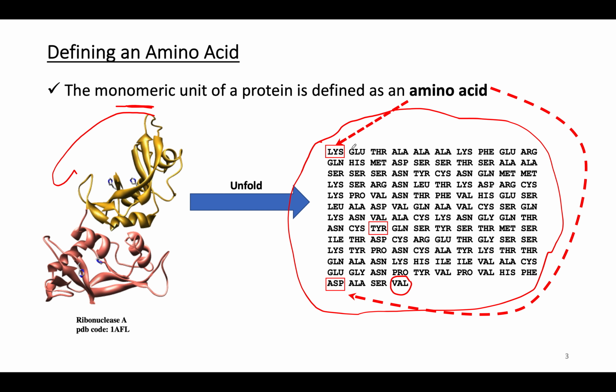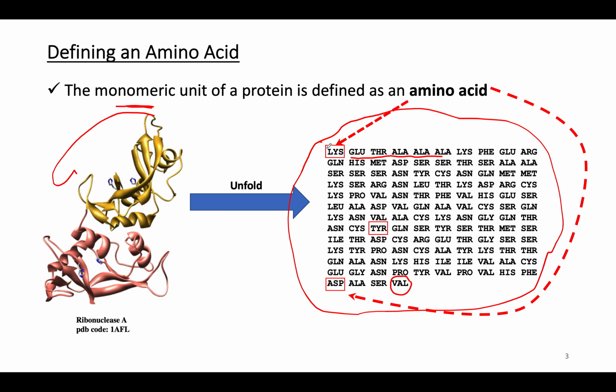Also, the sequence of amino acids in a protein is the signature of a particular protein. That means the sequence of amino acids in a specific protein will always be the same. So if I ask you, is this protein ribonuclease A? What you are going to do is look at the sequence of amino acids.